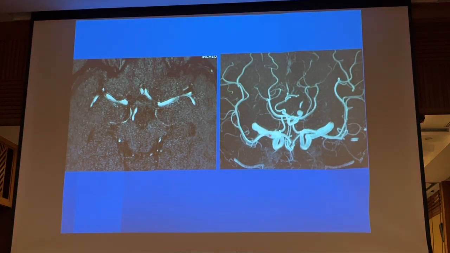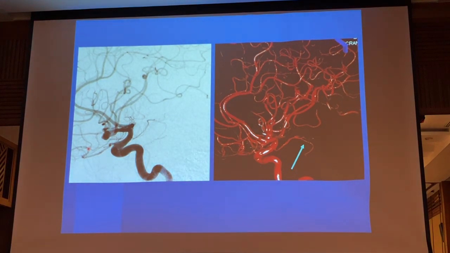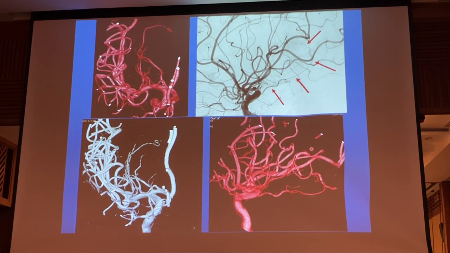Another example, you can see it here, getting into the choroid fissure, into the ventricle, the temporal horn of the lateral ventricle. This clearly illustrates that the anterior choroidal artery is supplying the medial temporal lobe by this another division of the anterior choroidal artery.